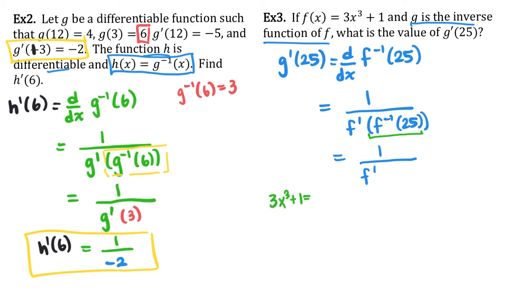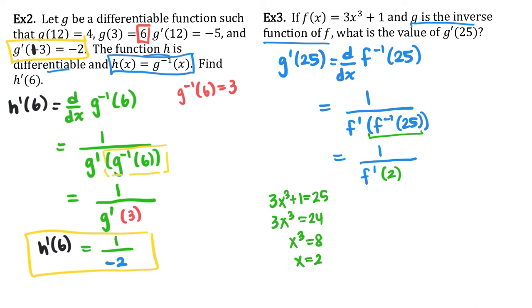I want to see when that gives me 25. Okay, x equals 2. So f inverse of 25 is 2 because f of 2 is 25 if I were to plug it back in.